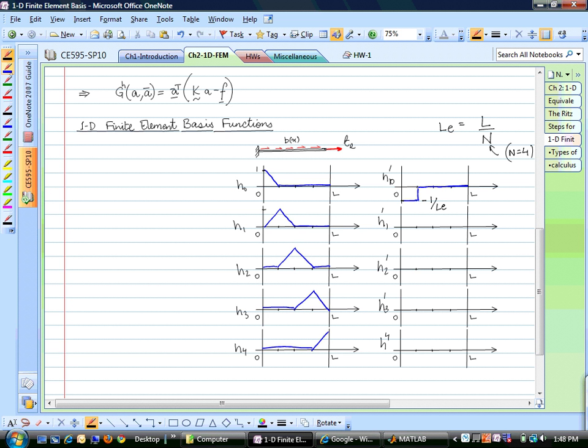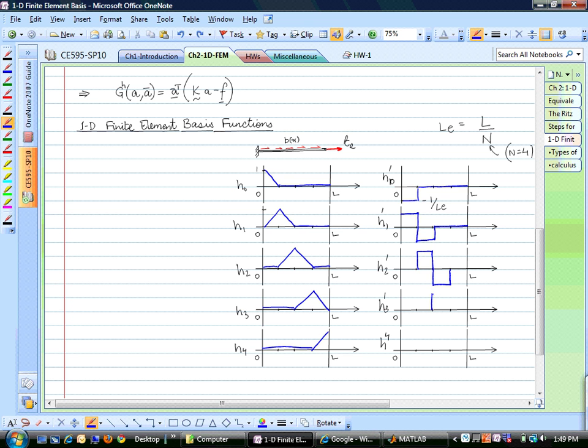So similarly, the other derivatives are going to be, I don't know. So this is the derivative positive in the first element and negative in the second element and 0 everywhere else. Similarly, this is positive here, negative here, and 0 everywhere else.